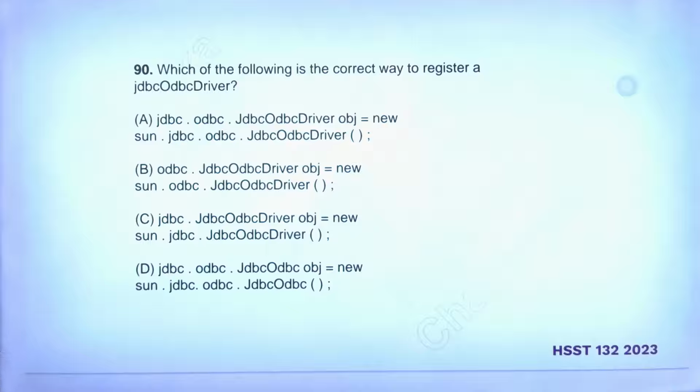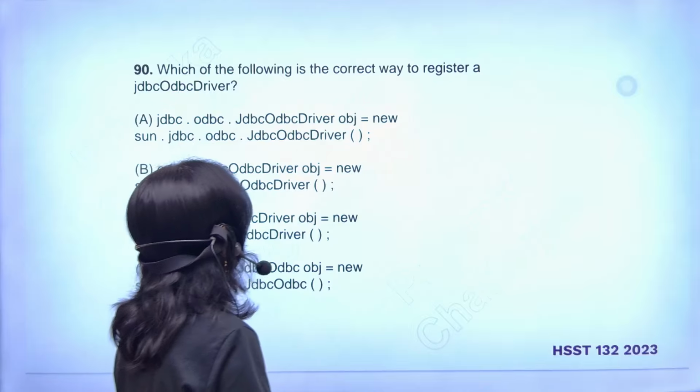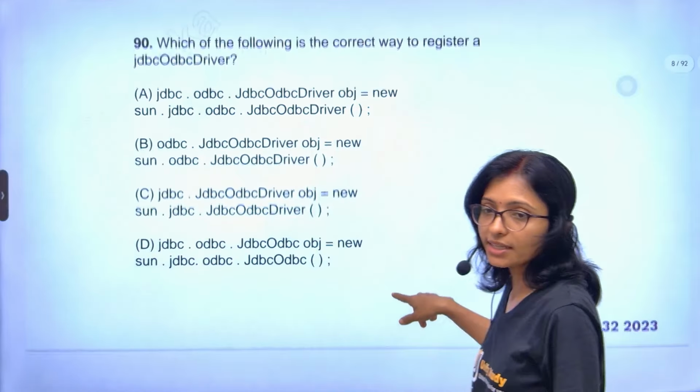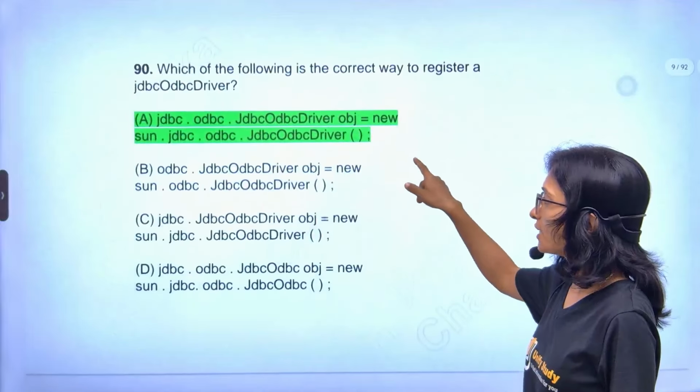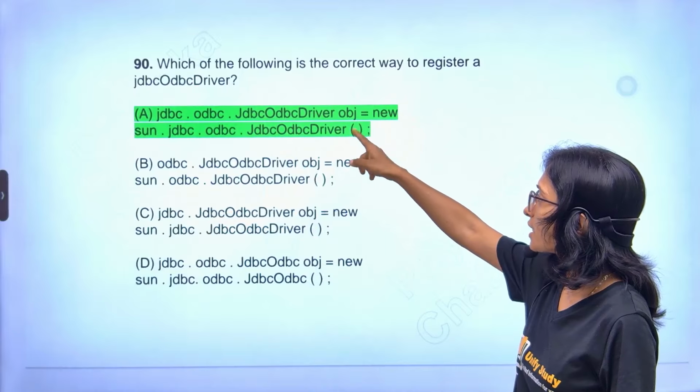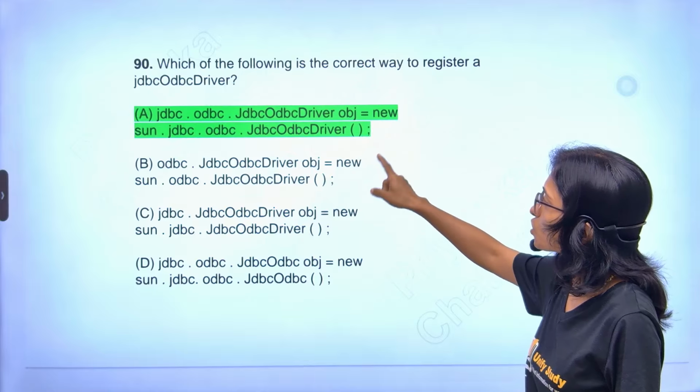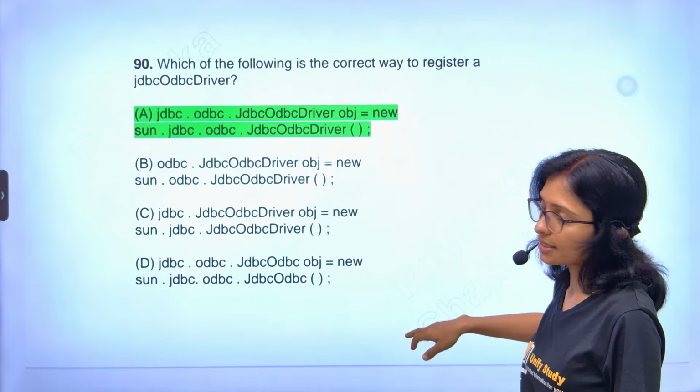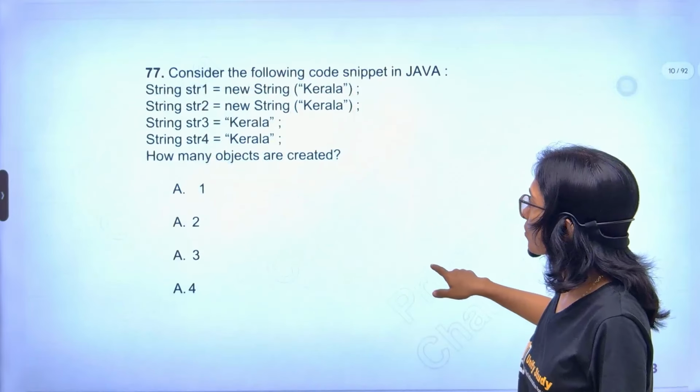The syntax you need to remember. 32% correct answer. So for the JDBC ODBC driver, your correct syntax is option A, jdbc.odbc.JdbcOdbcDriver obj equals new. This is the correct syntax. Just you need to remember the syntax.